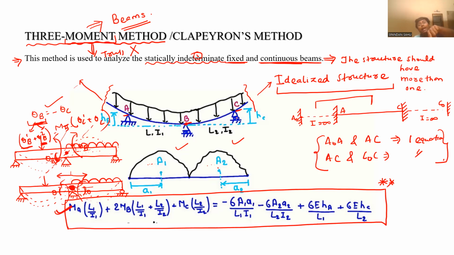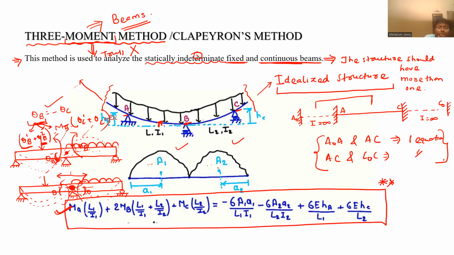Now again apply the moment area method, then calculate this rotation with respect to the original. Then there will be one more component, theta B3, due to settlement, and here also theta C3 due to settlement from this side. Now all these things are done. You have applied the compatibility and you will get this equation.